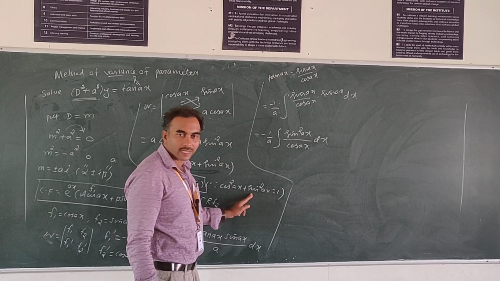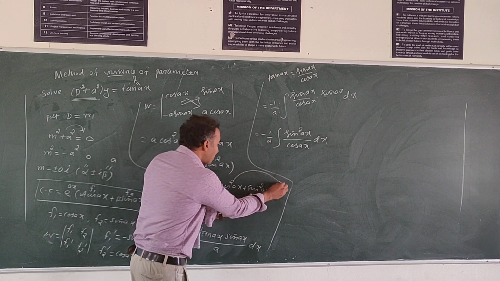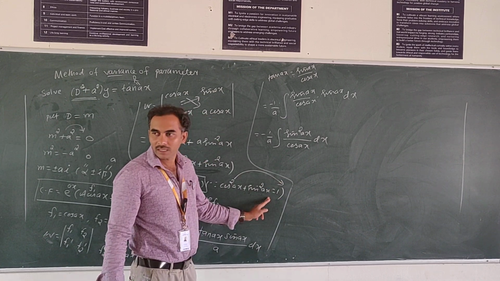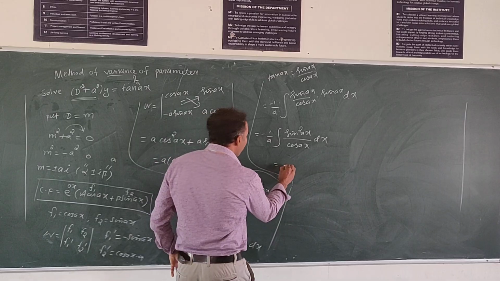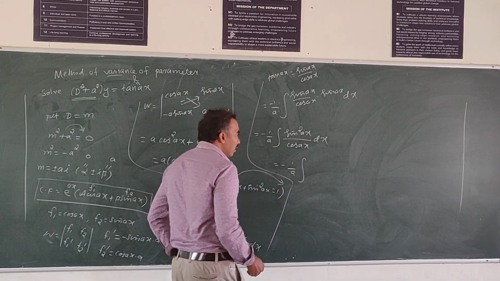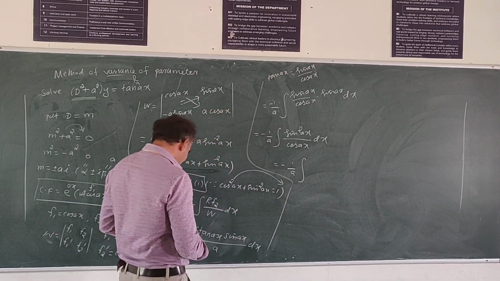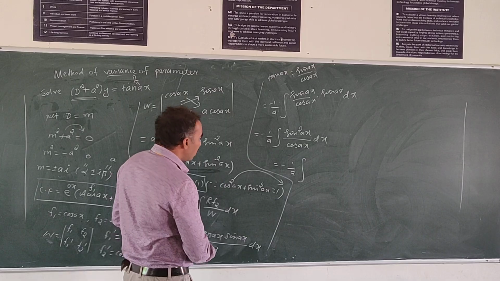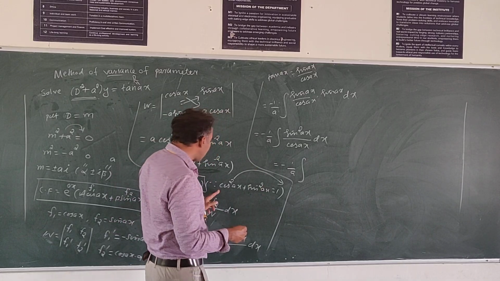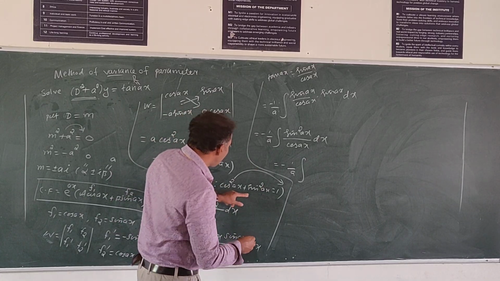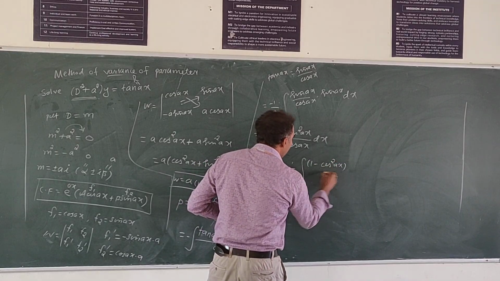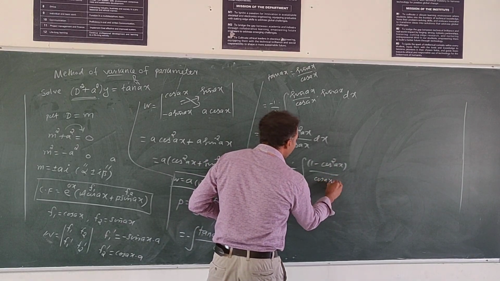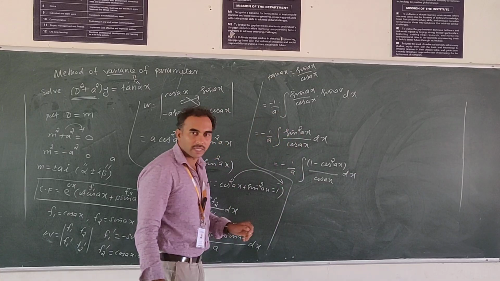So what about sin² ax? Bring that to the right-hand side: 1 minus cos² ax. So −(1/a) ∫ (1 − cos² ax) / cos ax dx.